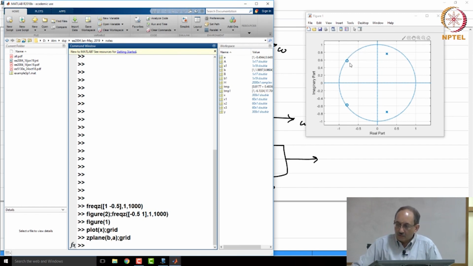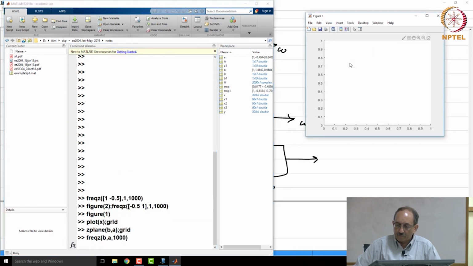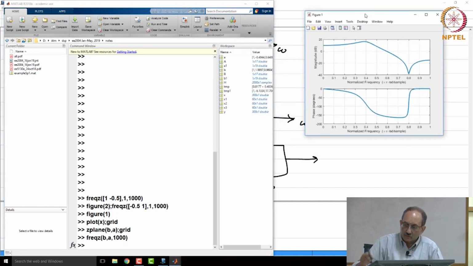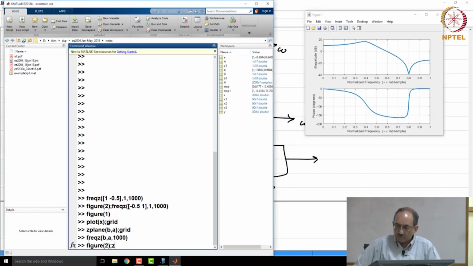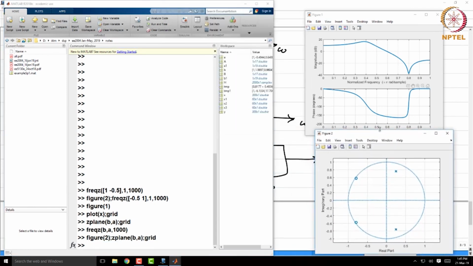And sure enough, if you plot the frequency response of this system, this is what the frequency response is. Pole 0 plot and the corresponding frequency response. So, around this region there is a peak, and around this region there is a dip.